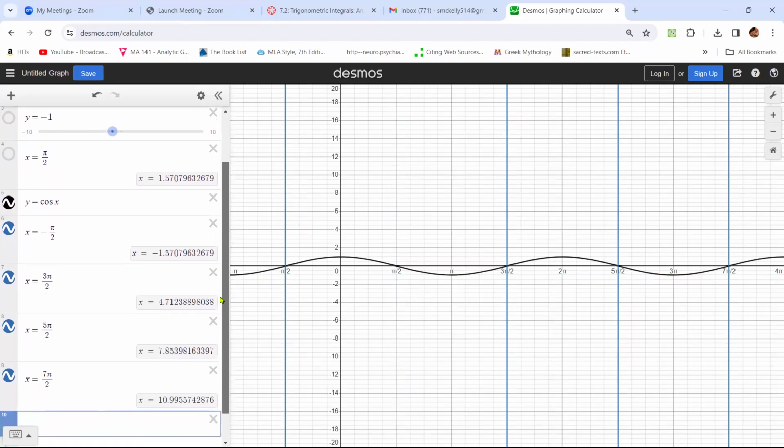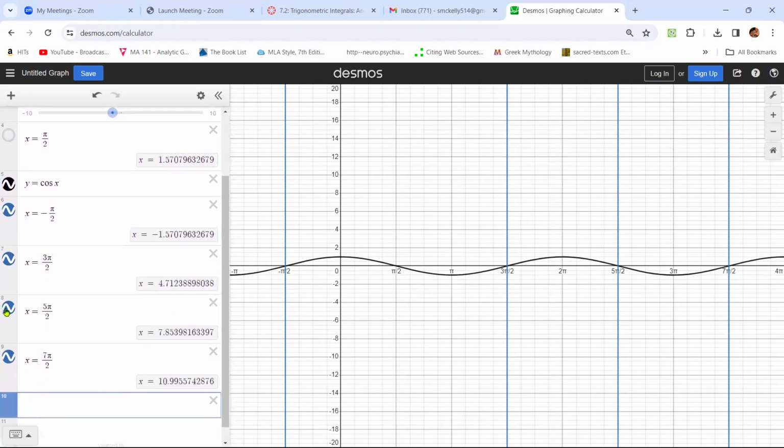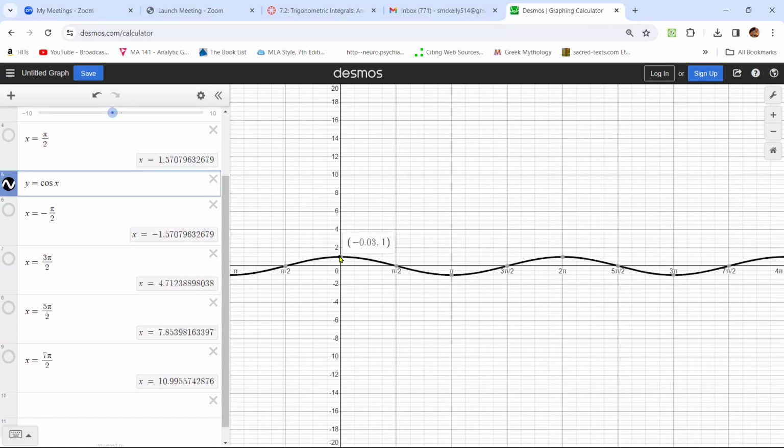the cosine graph. Now, because of where we are, we're at the 7 pi over 2. I graphed this a little further out than I normally would. This is the graph of cosine, okay? Cosine of 0 is 1, which is this point here.